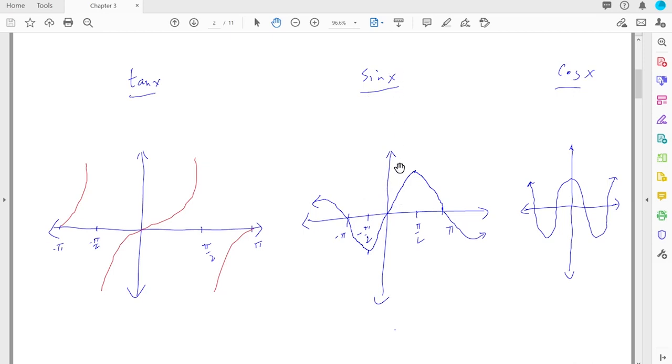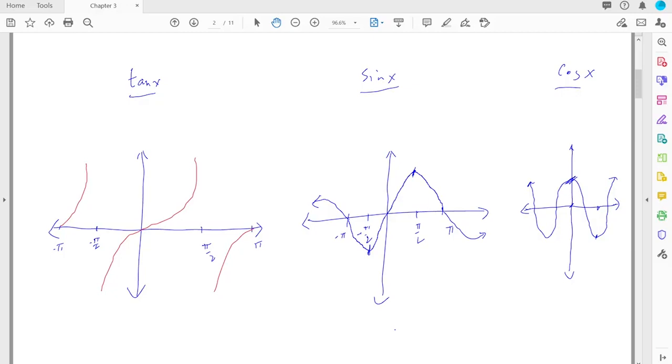Similarly, for sine x, if we want to find the inverse, we are going to restrict our domain from negative pi over 2 to positive pi over 2, from here to here. In that way, we will have a one-to-one function. Similarly, for the cosine function, we are going to restrict from 0 to this one, which is pi. So these are the restrictions for inverse trigonometric functions.